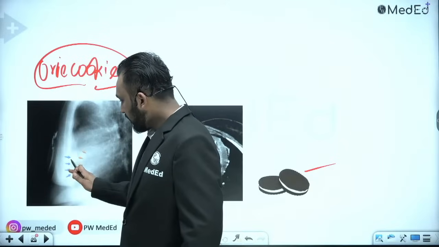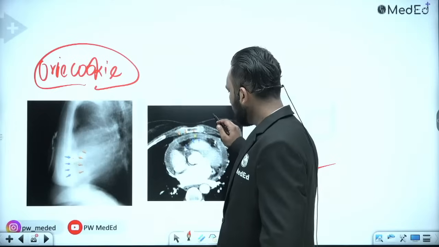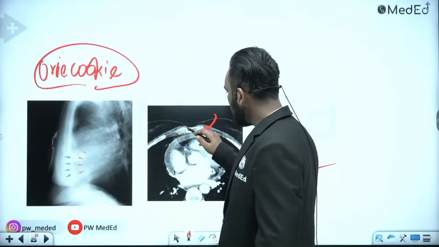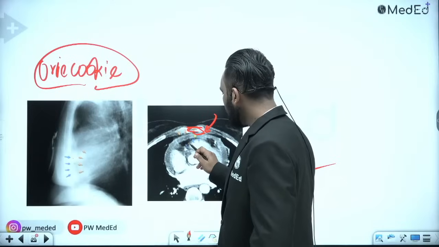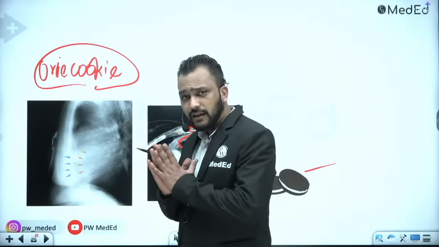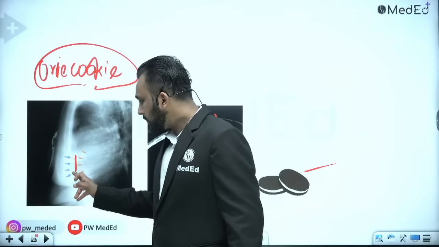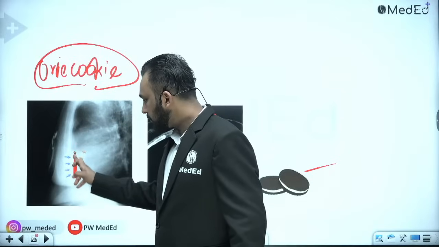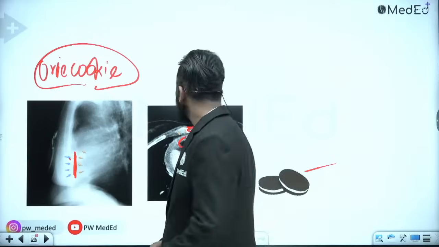When this fluid is lying between the two fat planes, one is the fat in the retrosternal area, and the fat in the epicardial space, when you do a lateral X-ray for this patient, you will see an opacity, and surrounding that opacity there will be two lucencies.